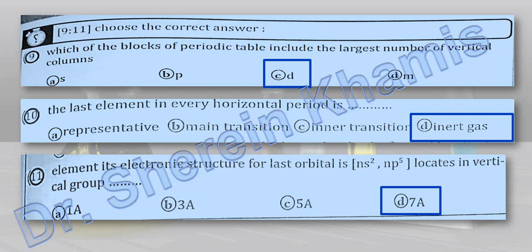According to this, it will be the vertical column of group 7A. Okay, we are going to question number 12.